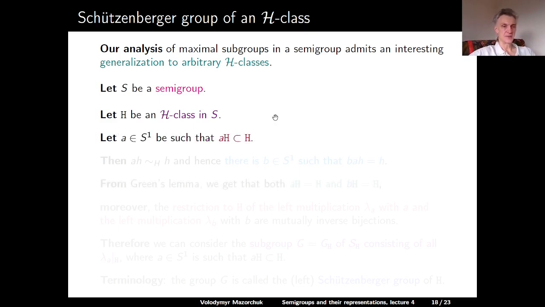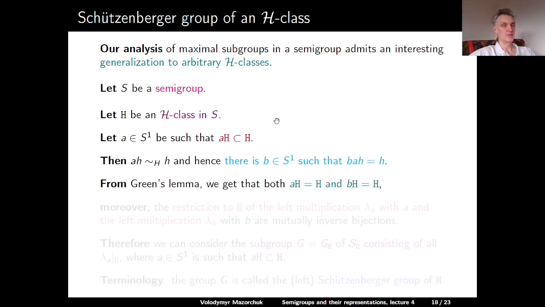Assume that we have some element a in S^1 such that aH is a subset of H. Then, for each element little h in our H class, ah is H equivalent to h, and hence there is an element b in S^1 such that b times ah is equal to h.